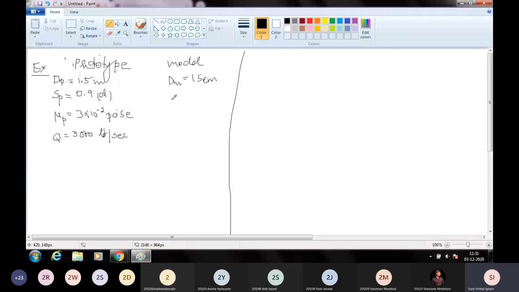Find the velocity and rate of flow in the model. So we have to find the velocity in the model and the rate of flow, that is discharge.